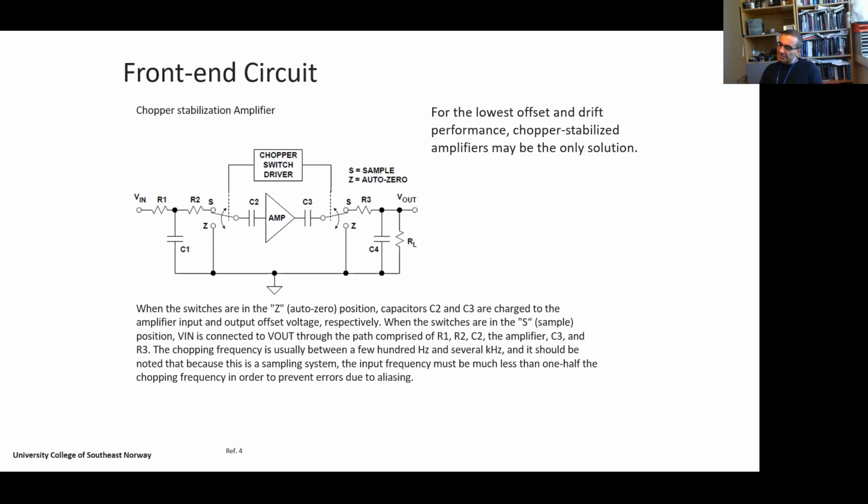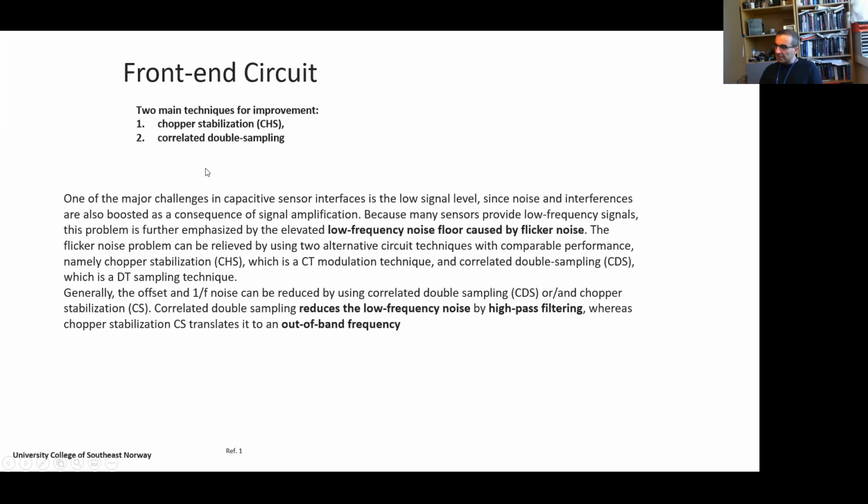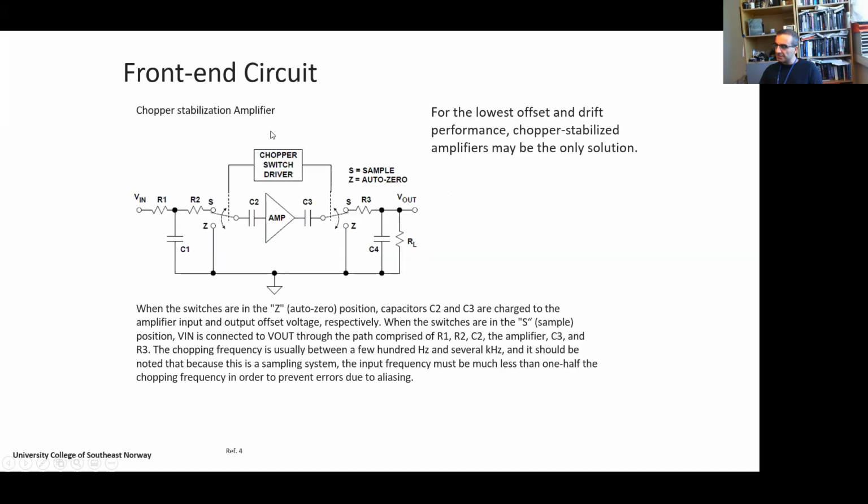As the name says, chopper stabilization, CHS or CS. Basically, what you do is you chop the signal, and in order to do that, you need a pulse and some switches.